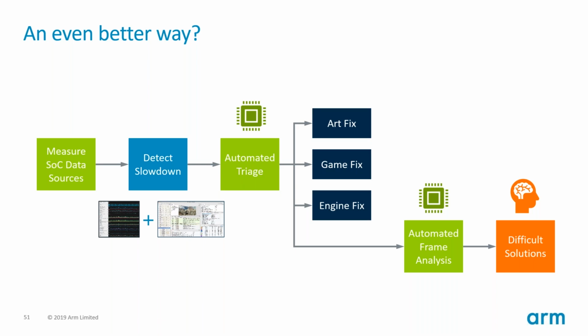So the idea we have here is to have a tool that will take a frame of rendering with data from both Streamline and Graphics Analyzer and automatically provide a very low-level report about best practice deviations and recommendations about how to improve performance. This should move the experts even further down the line towards solving difficult problems rather than identifying difficult issues.